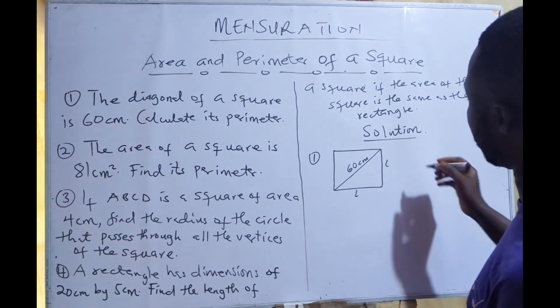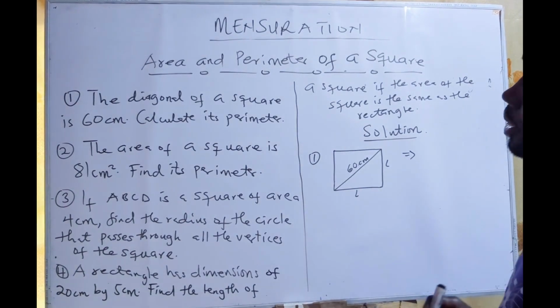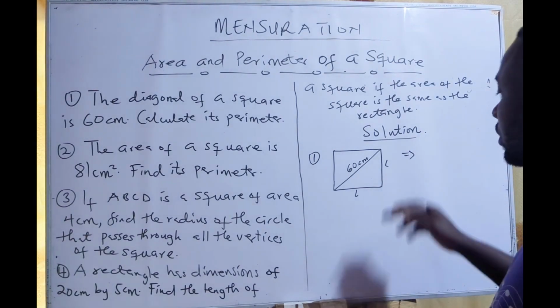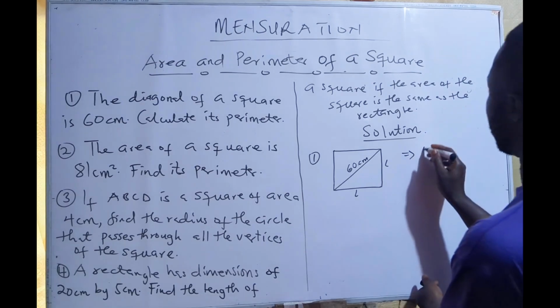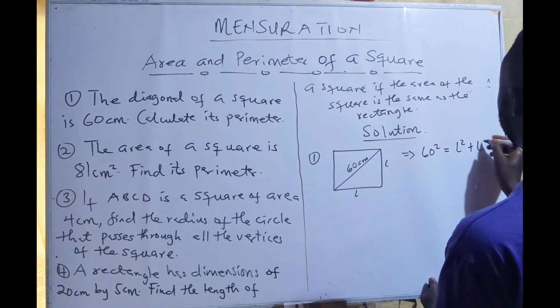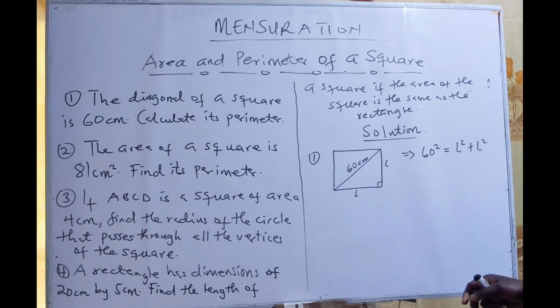So we apply the Pythagoras theorem, so that after getting the side of the square, we know the perimeter of a square is 4 times the length. So let's find the length. We can say 60 squared is equal to L squared plus L squared, the Pythagoras theorem. So what is 60 squared?